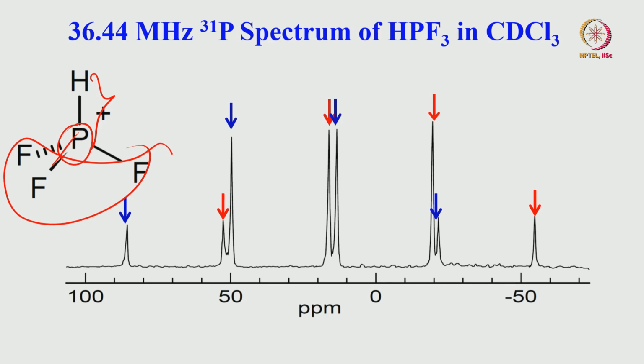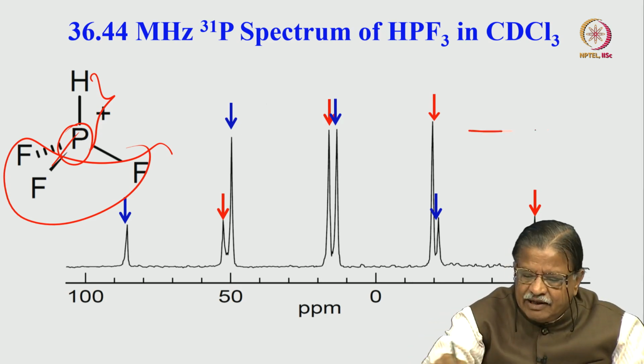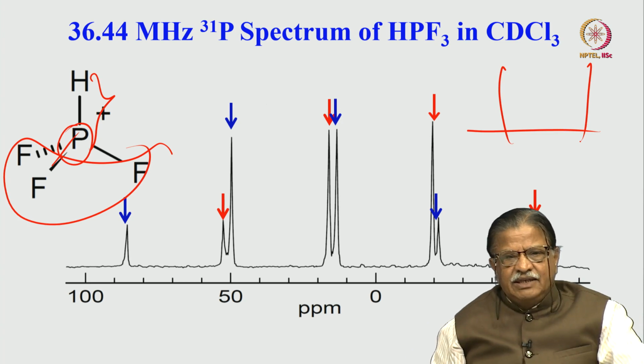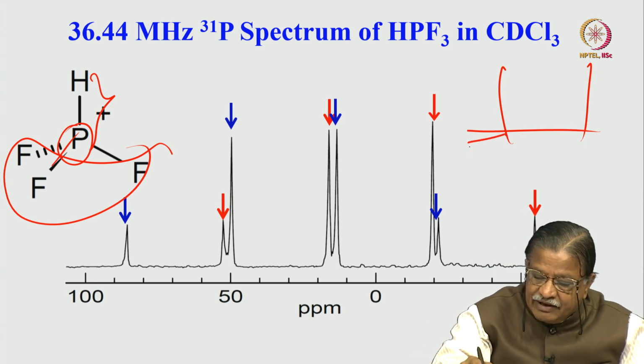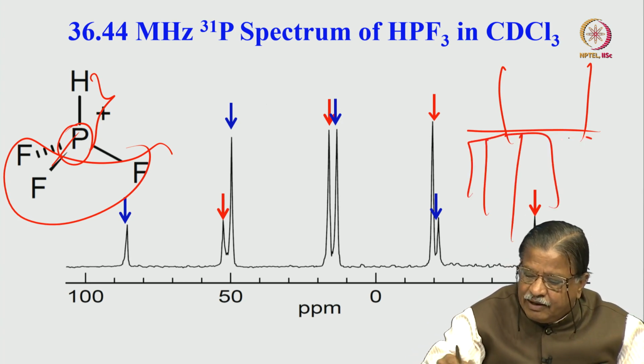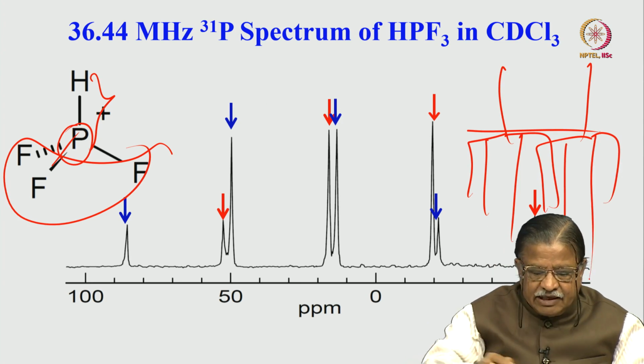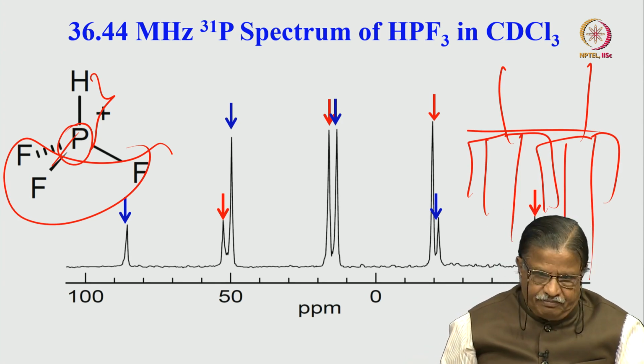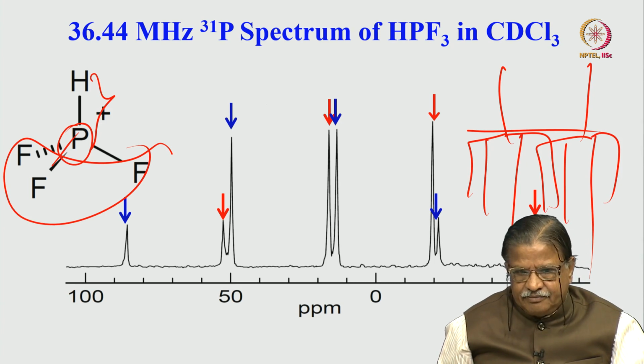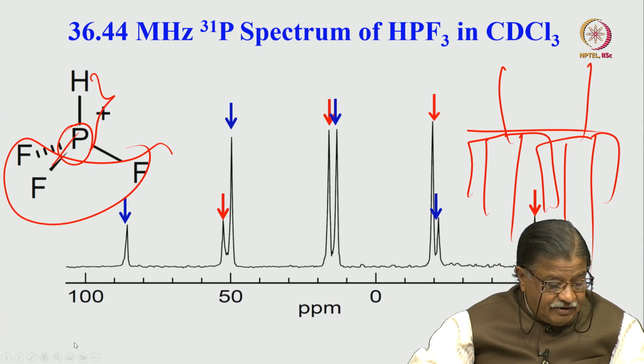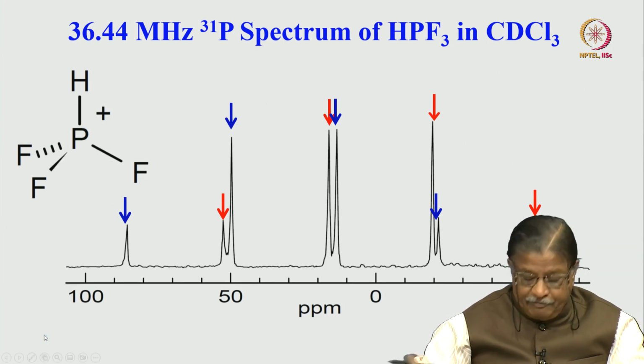Initially it is going to be a doublet because of JHP coupling, and each line is going to be a quartet like this. Some of the quartet lines are overlapped. What are these things? We can now identify very easily.